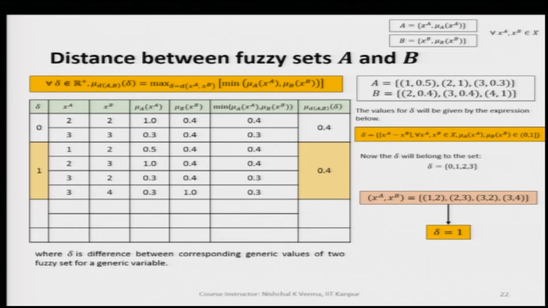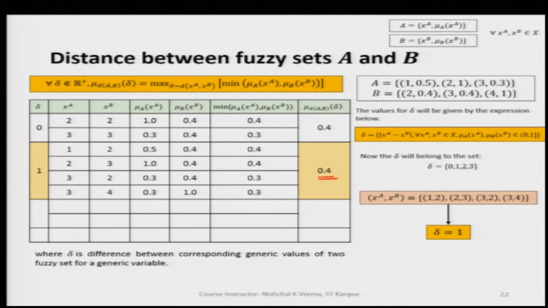This way we are able to find all these values of x A, x B, the corresponding membership values, and the min of all these, and then finally the max we are getting is 0.4. So, that is how for delta is equal to 1 we have entered all the corresponding values.